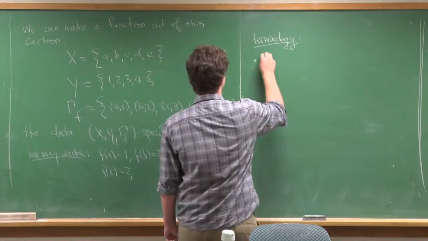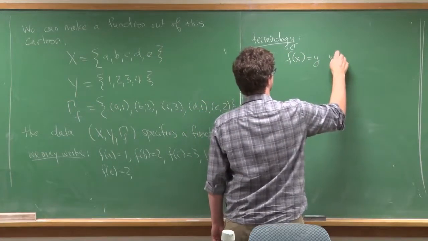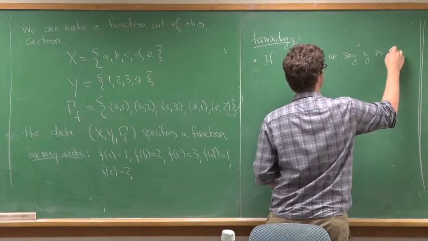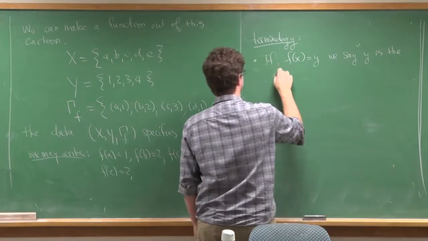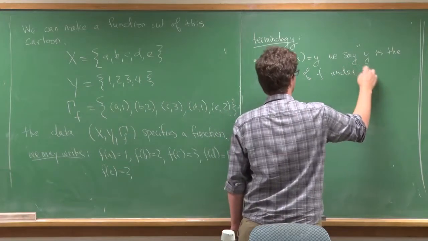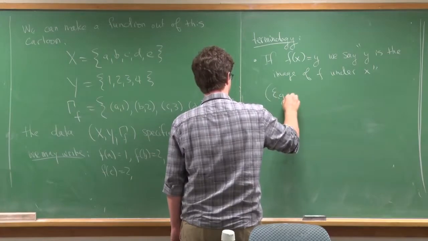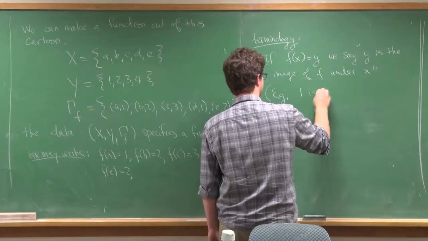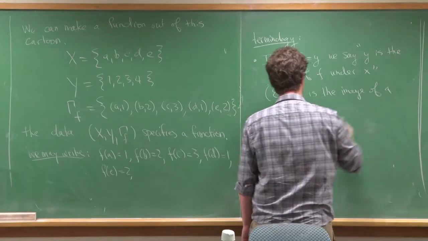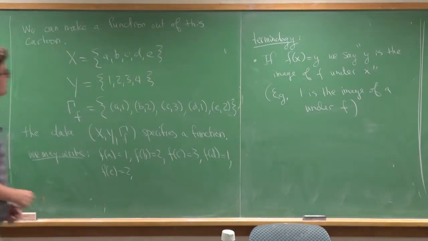If f of x is equal to y, we say y is the image of x under f. For example, 1 is the image of A under f. So that's what an image is.